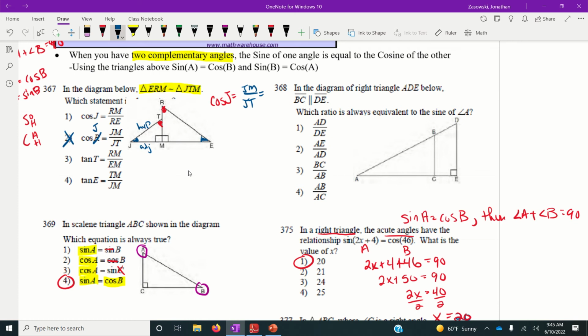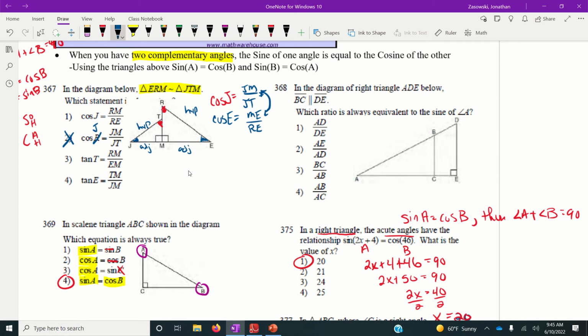So if we use the cosine of angle E, which is going to be equivalent, then we would do adjacent over hypotenuse again, and we would do ME over RE or ER. These would be equal because these angles are equal, so the ratios are going to be the same.